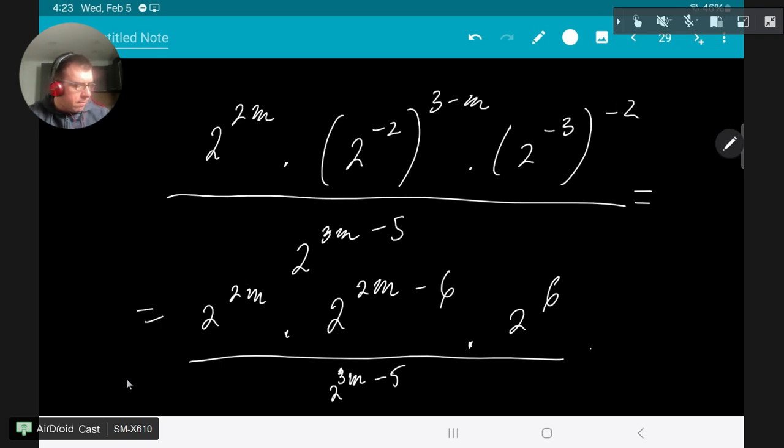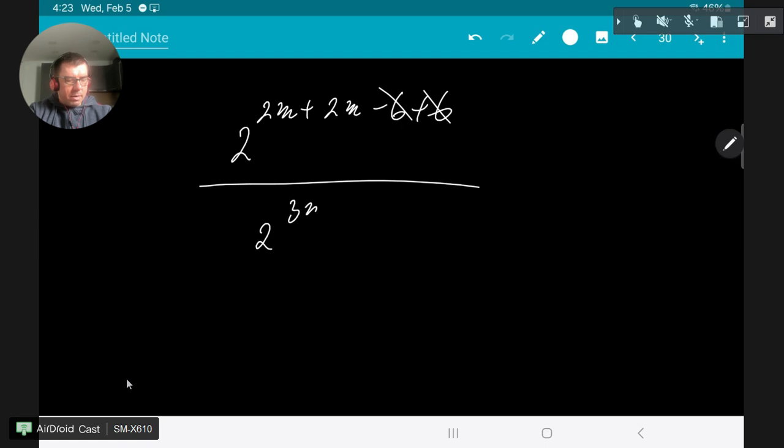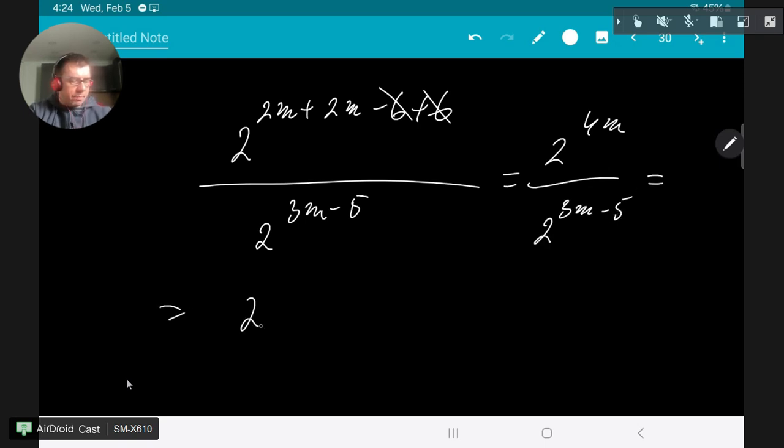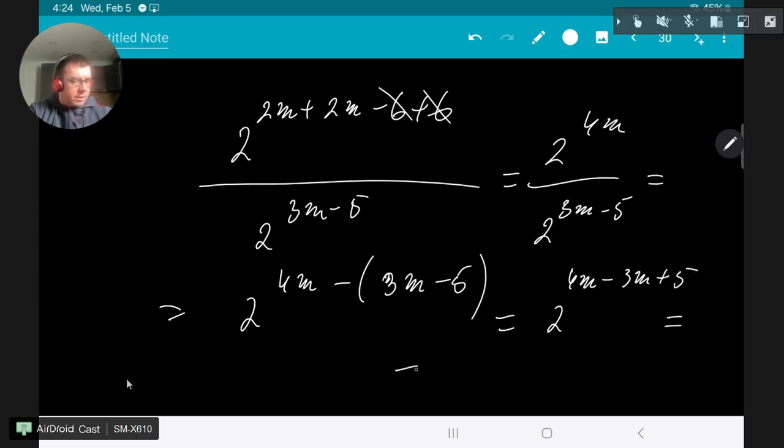And then I just add the exponents in the numerator, so 2m plus 2m minus 6 plus 6, this will cancel, 3m minus 5, so 4m over 3m minus 5, subtract the exponents, 4m minus 3m minus 5, this is 4m minus 3m plus 5, which is 2m plus 5. Okay.